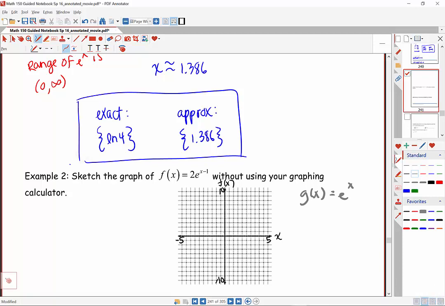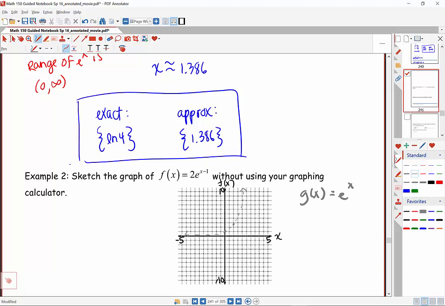When you have an input of 1, you'd just be at e, so you'd be at about 2.7-ish. So we'd have something along these lines, right?